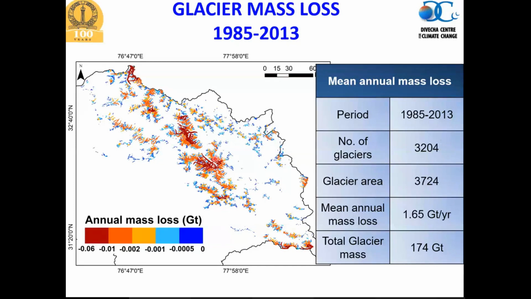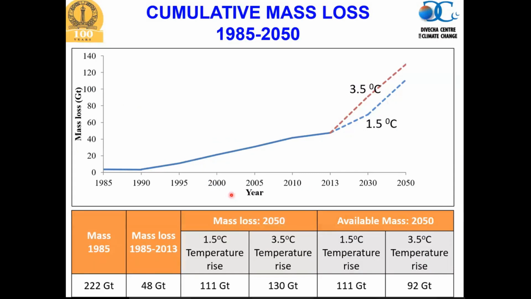We know now that small glaciers located in low altitude regions are likely to face significant mass loss. So we can detect that, and we can understand how glaciers are going to lose mass in future. We can also plug it into the climate model and see how temperature and precipitation are going to change in future.